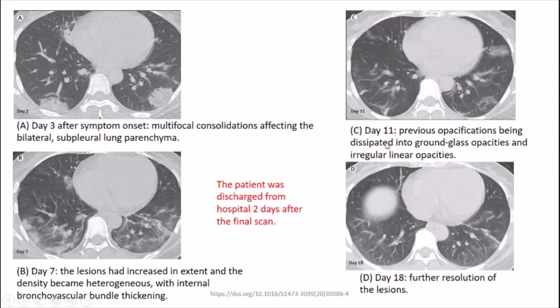On day 11, the previous opacification is gone, and the patient shows improvement, and then after 7 days, the lung is much better, and resolution with some fibrotic bands, maybe that we mentioned earlier. So this is a type 1. So initially, there are some findings that progressed to much peaked and then resolved.